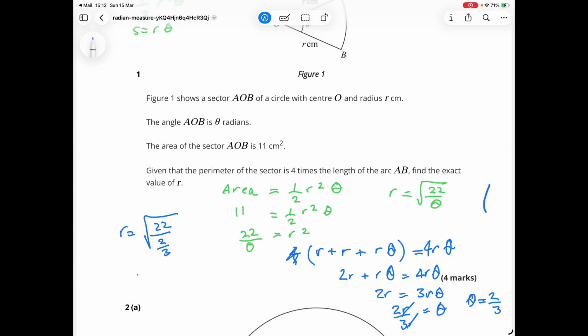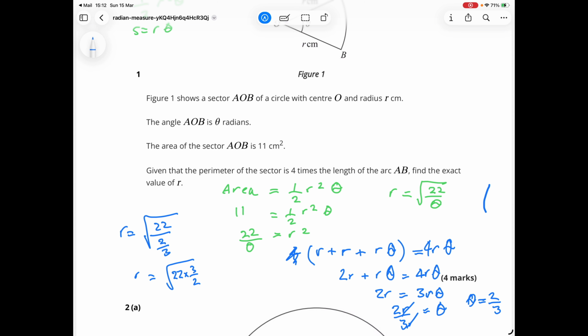So that means r equals root, 22 times 3 over 2. I'll just put it into my calculator.